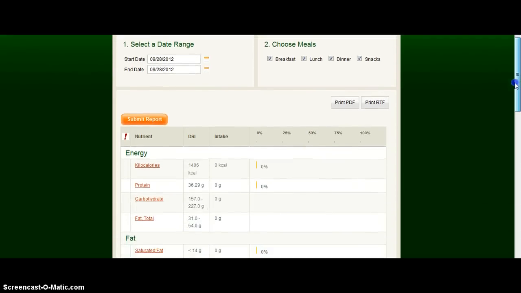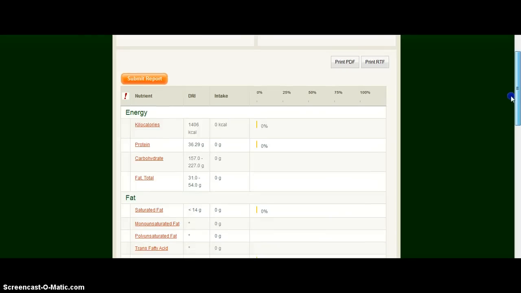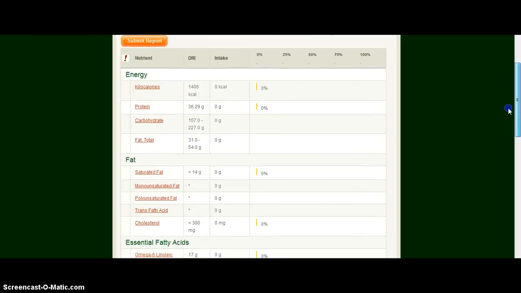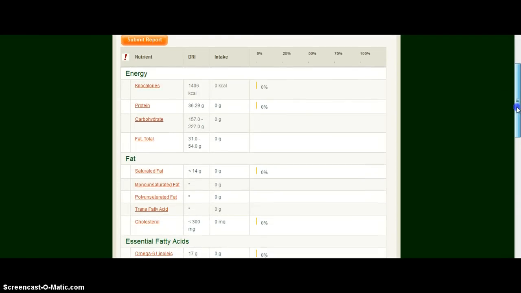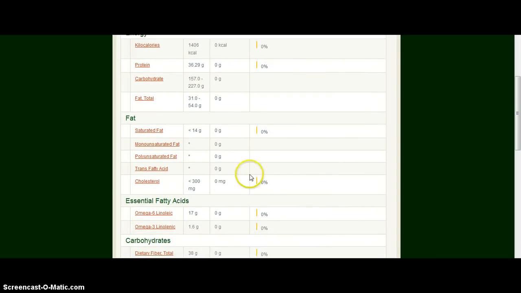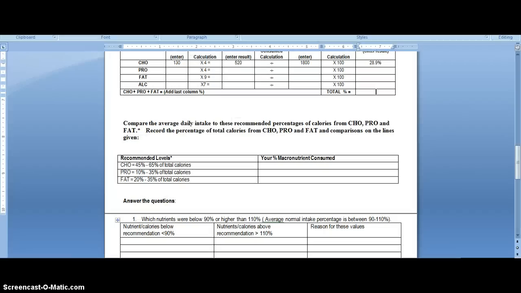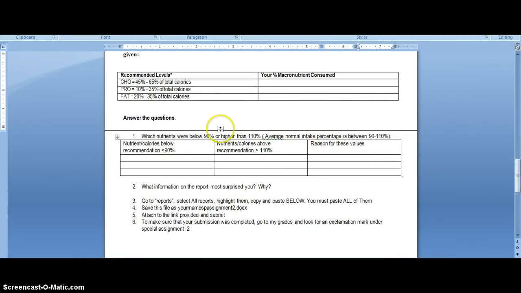Open up your report, and you're going to use this information here from this report because the next section asks what nutrients were below 90% and what nutrients or calories were above the recommendation, which is 110%.